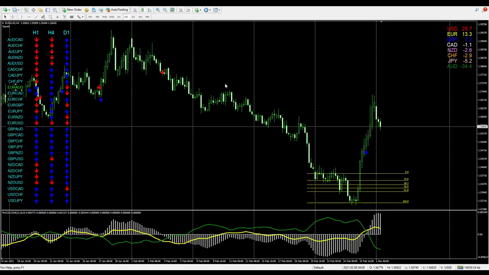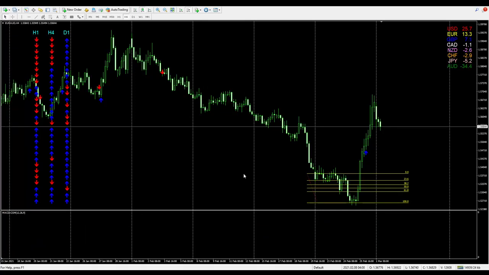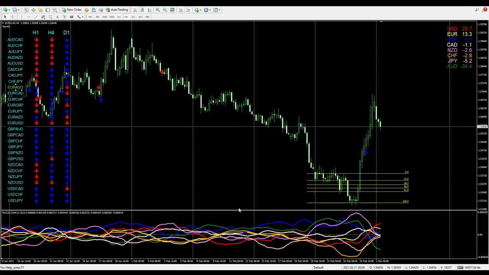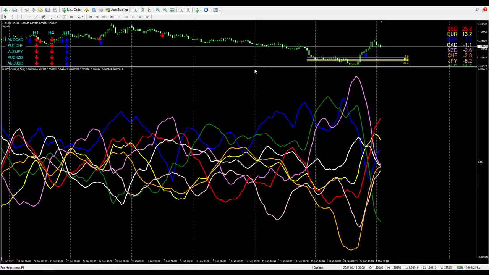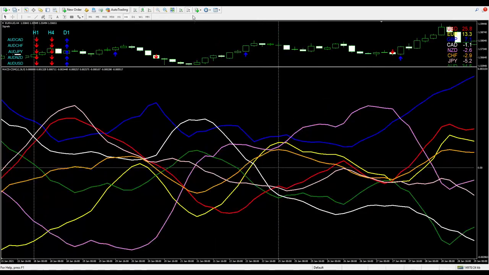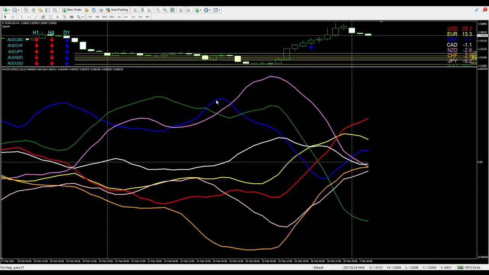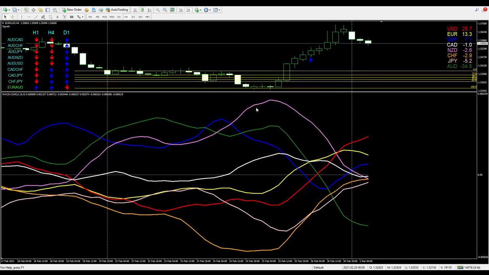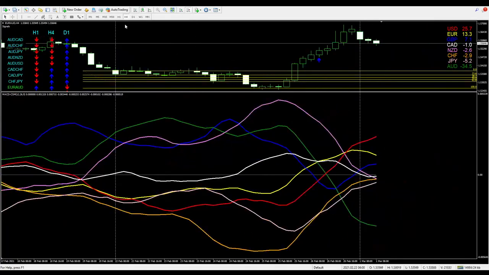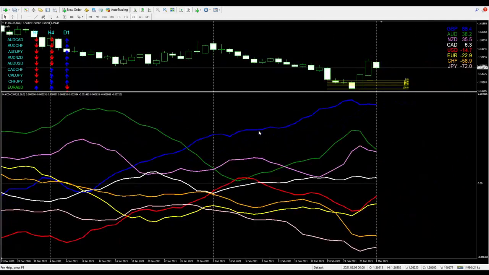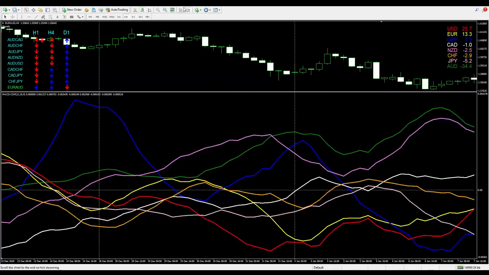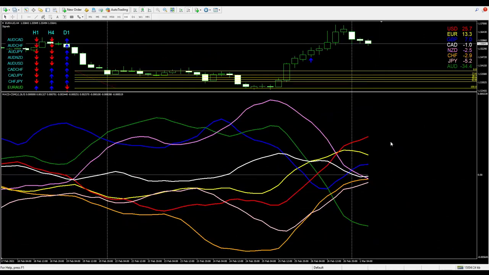For the MACD-CSM line, these are all the lines for the signals. This is NZD. It just reversed from very strong. It could be weak, but let's see, because on the D1 time frame, NZD is still strong. Actually, it might just be a retracement for NZD pairs.